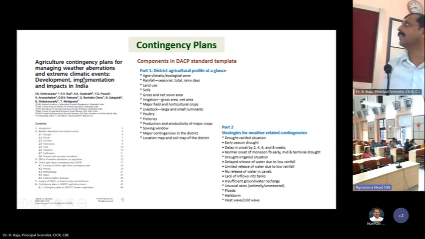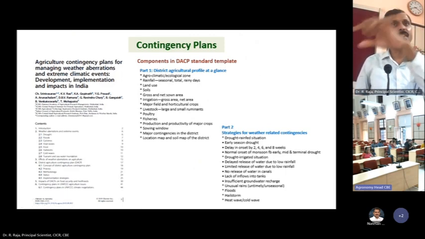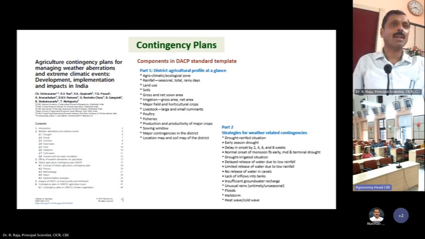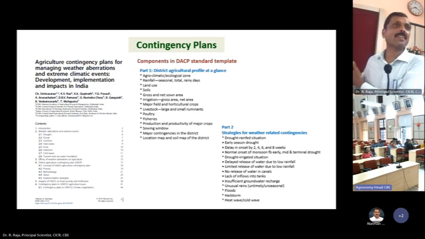It is available online as well as on our website, there is a link. For each district, what is the history, what is the soil type, what is the rainfall, what is the prominent cropping system, what if rain starts by July, 1 week or 15 days late, what to do for agriculture, animal husbandry, then fisheries, all those things they documented.